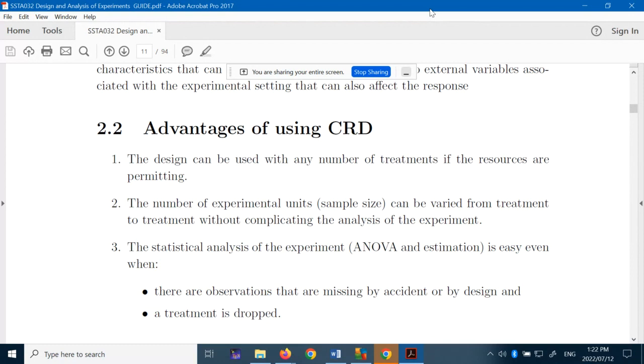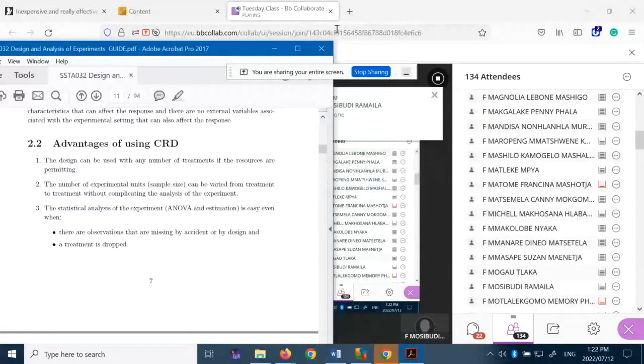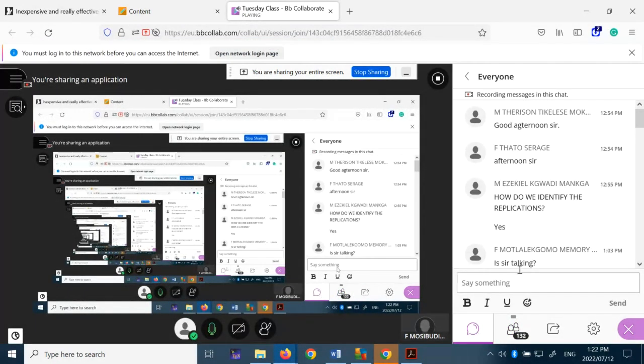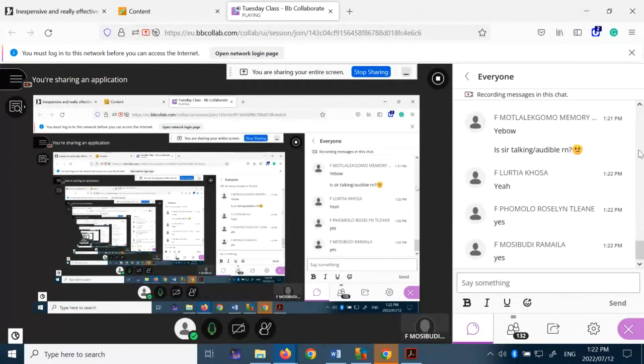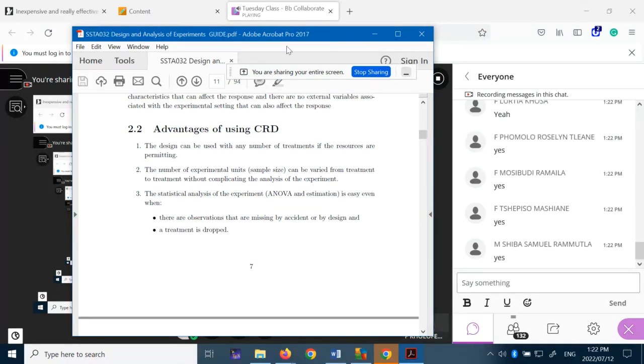Let's go to number 2. The number of experimental units can vary from treatment to treatment without complicating the experiment. You can still see the study guide, right? Guys, thank you.